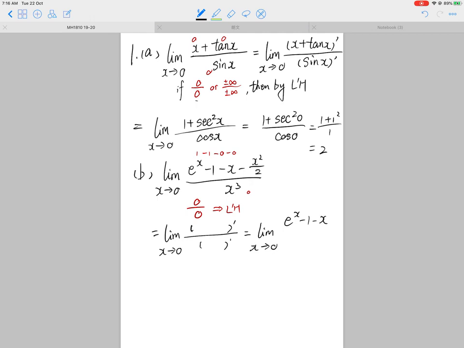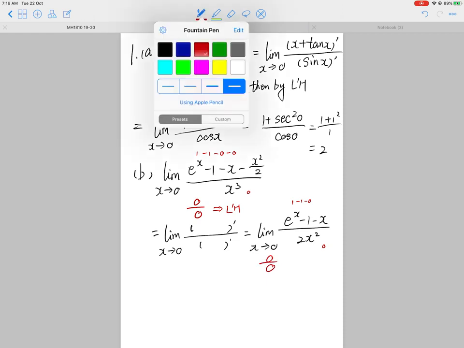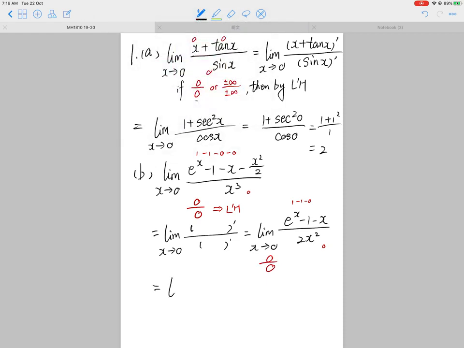The bottom's derivative is 2x squared. So now when you sub in, you put 0 in, you get 1 minus 1 minus 0, and you get 2 times 0 squared. So it's still 0 over 0. So what can you do now? You can use the L'Hopital's rule again.